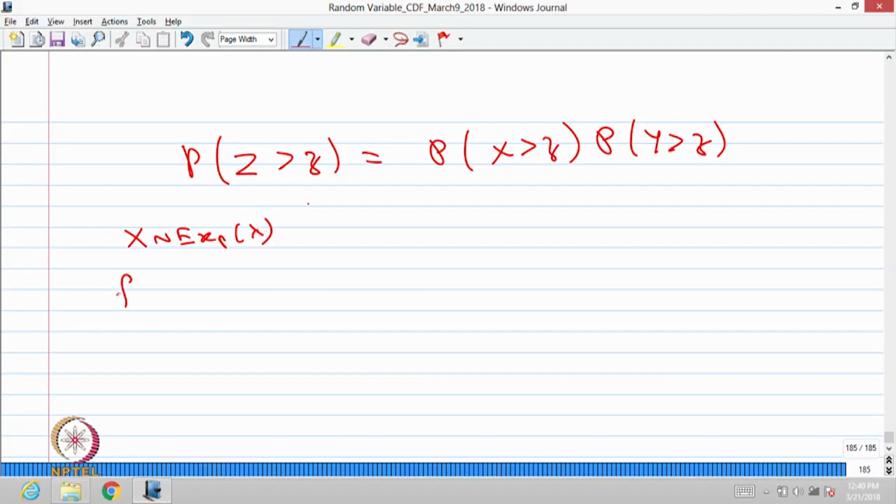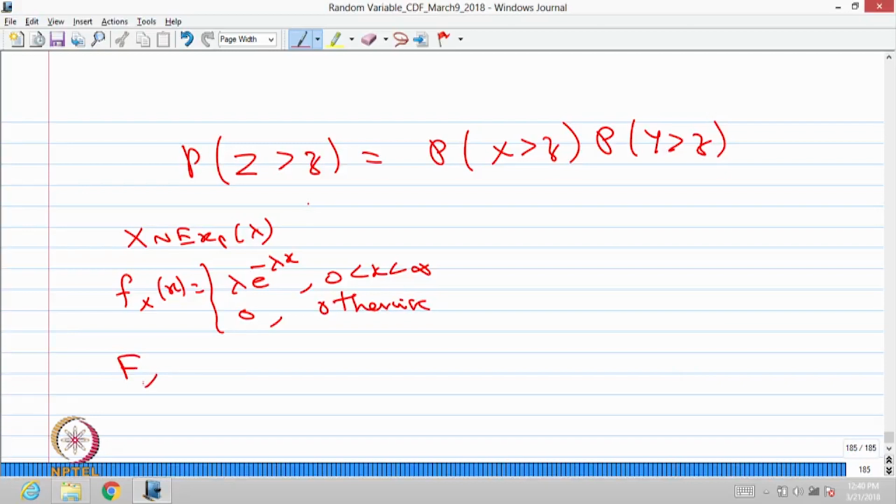Therefore, I should know the CDF of the exponential distribution: it is 0 between minus infinity and 0, and from 0 onwards it is 1 minus e power minus lambda x.